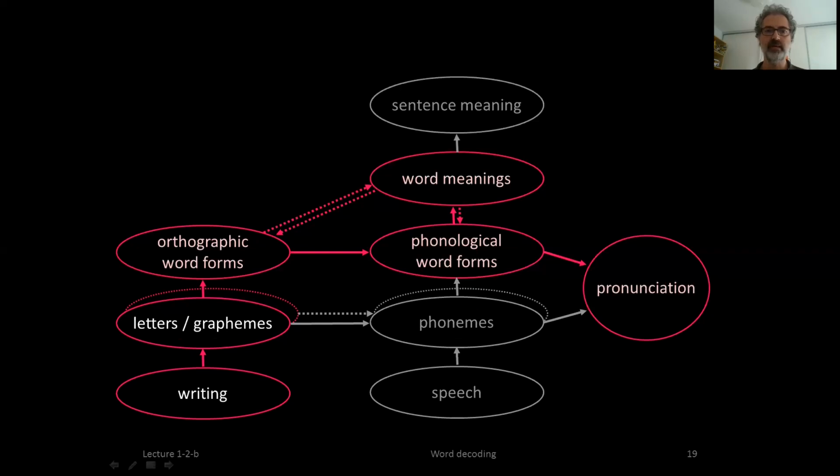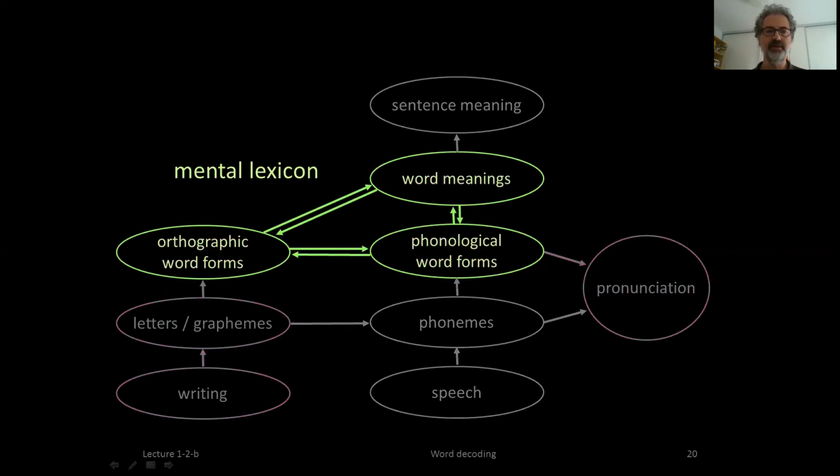And once you become a skilled reader, then what you've actually formed after all your multiple encounters with words across diverse contexts is a set of tightly connected representations of orthographic word forms, which is the word you've seen many times and read many times, phonological word forms, which is the spoken words in your language that you know, and their meanings.